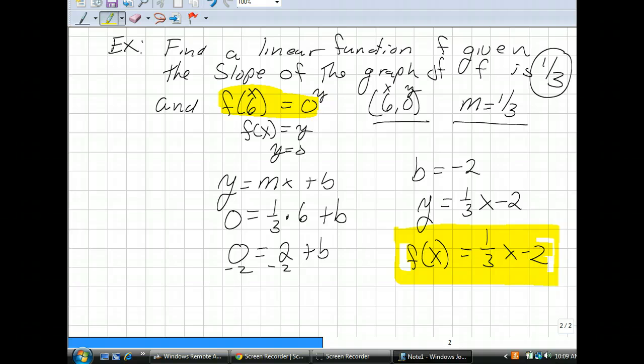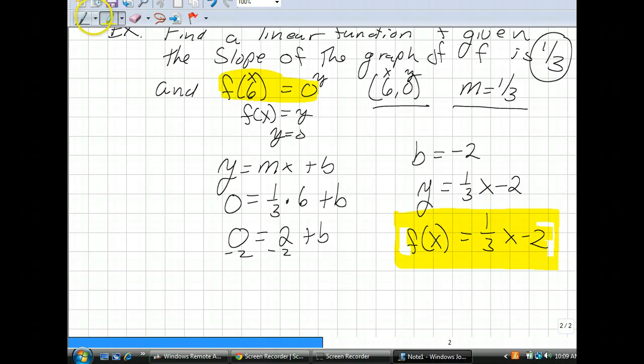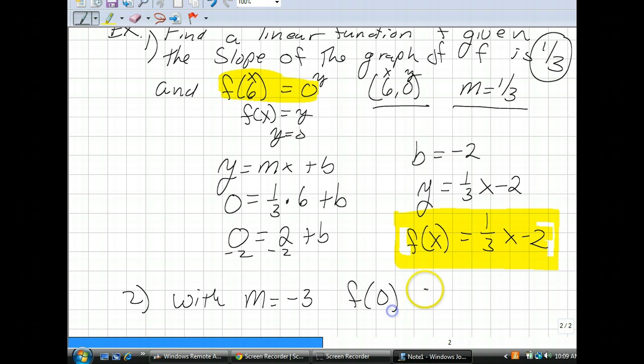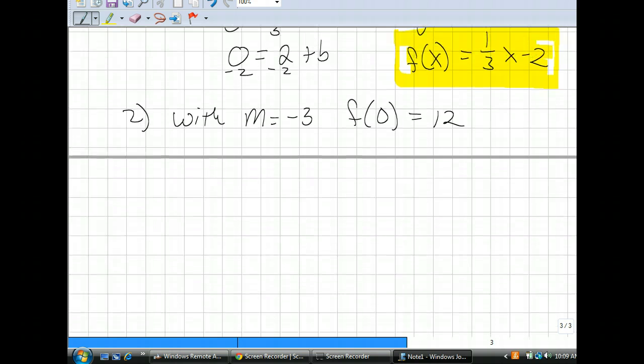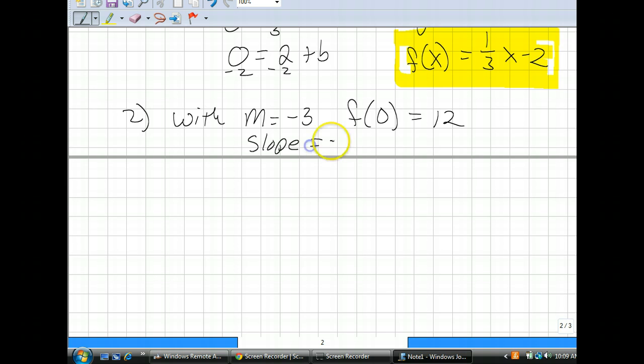Alright, so let's call that example 1. Example 2. Find the linear function with m equals -3 and f of 0 equals 12. Okay, so really the slope is negative 3, and they're giving us the ordered pair (0, 12).